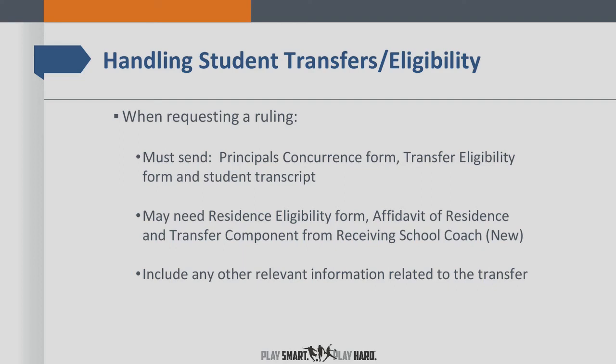All would be relevant information to send along with the original paperwork in order for the office to prepare a ruling. So again, if there are documents that we don't receive, though in order for us to provide a ruling we do need them, we'll be reaching back out to the school and asking for that paperwork.